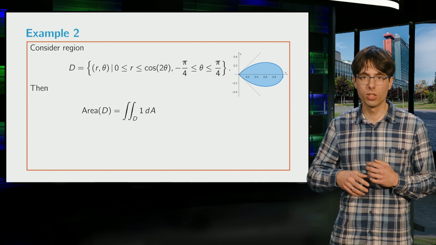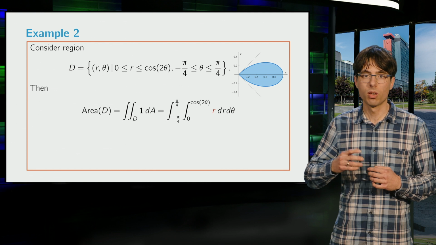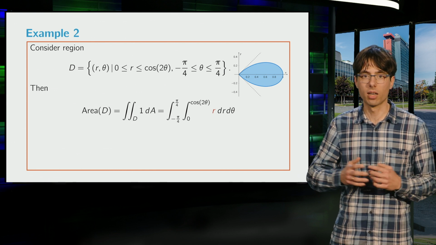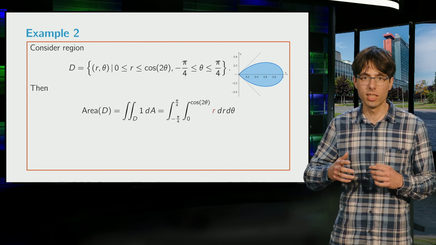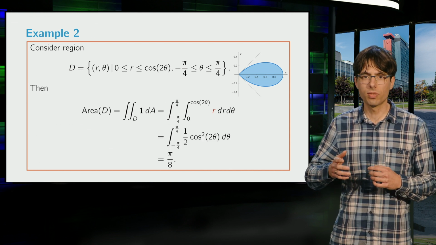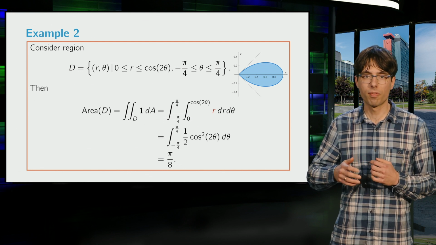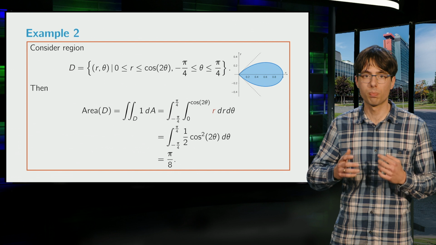So in order to compute the area of the rose petal, we switch to polar coordinates. The new integrand becomes the function 1 times r, which is simply r. Notice that the limits in the inner integral over r are functions of theta. This iterated integral can be computed using regular integration techniques, and we find that the area of the rose petal equals pi over 8.